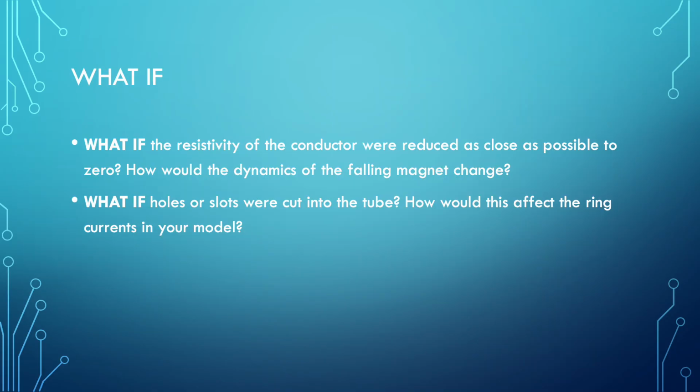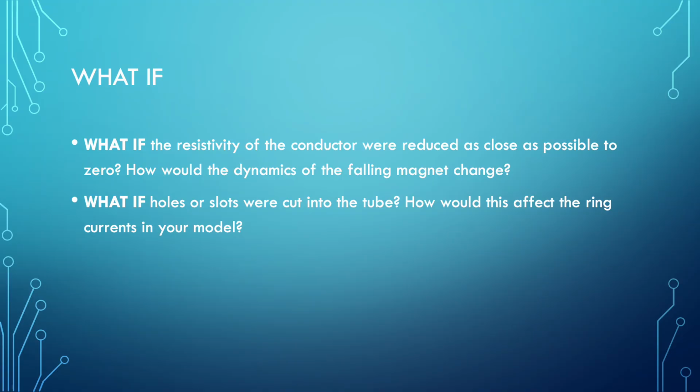Now let's address some what-if questions. So what if the resistivity of the conductor were reduced as close as possible to 0? If the resistance of the conductor were reduced, we'd know by Ohm's law that the current would have to rise to compensate for that to maintain equivalent voltage.